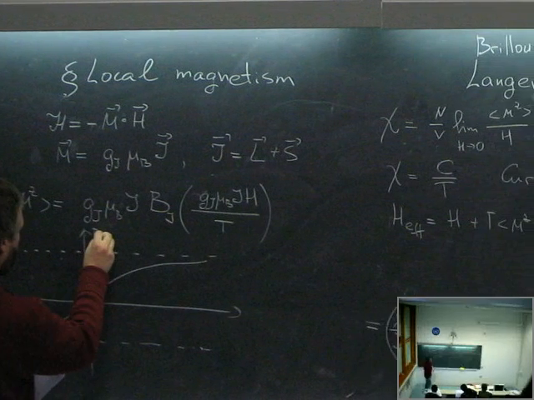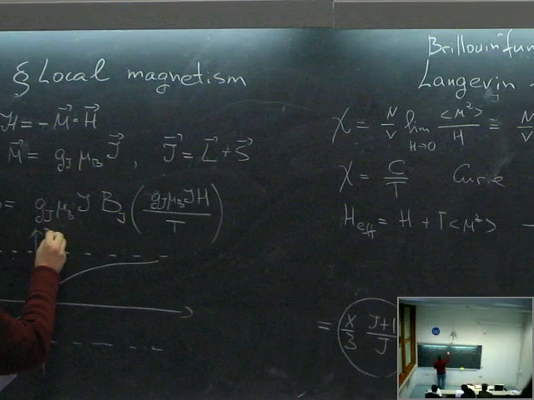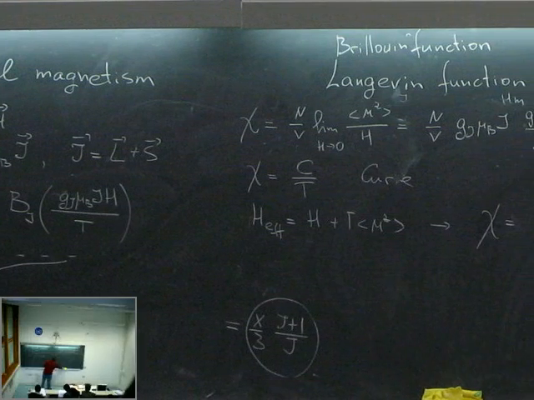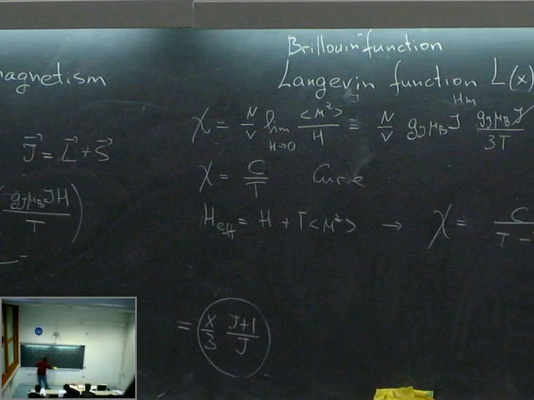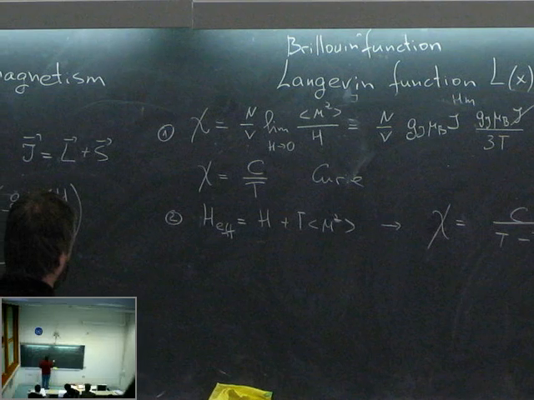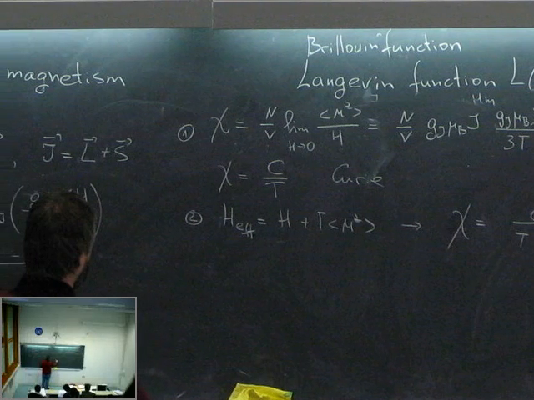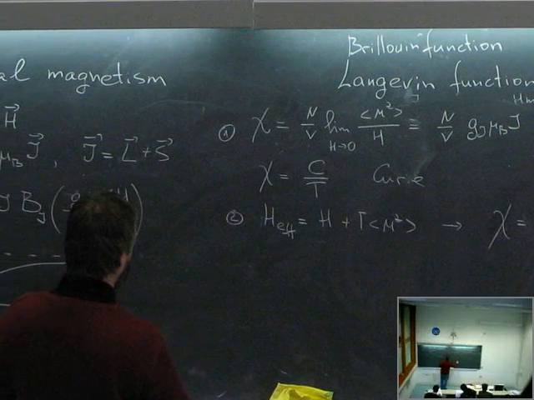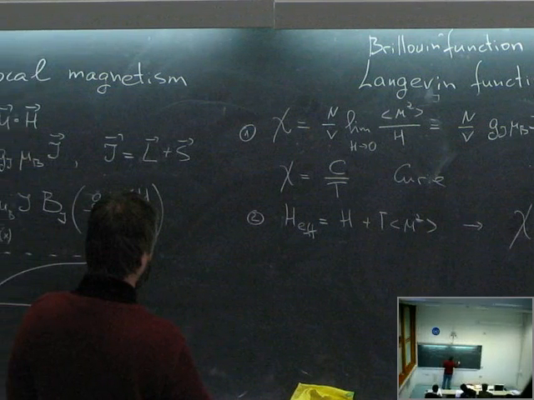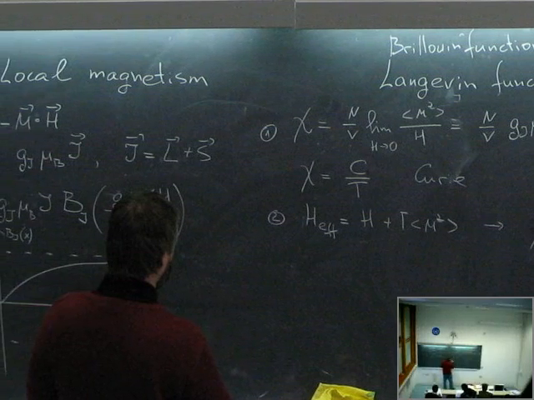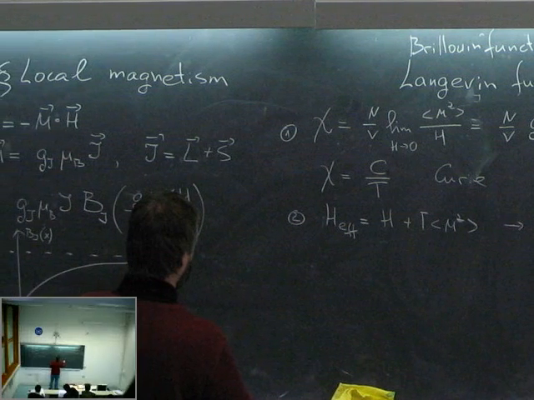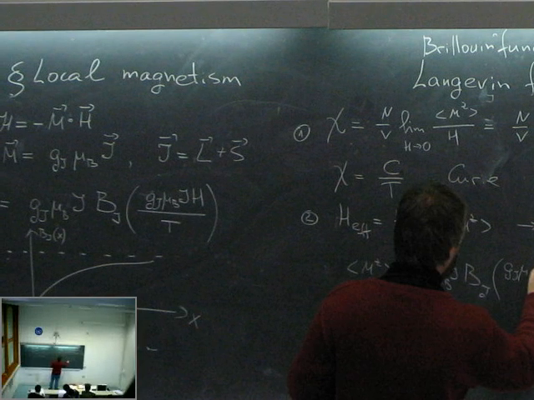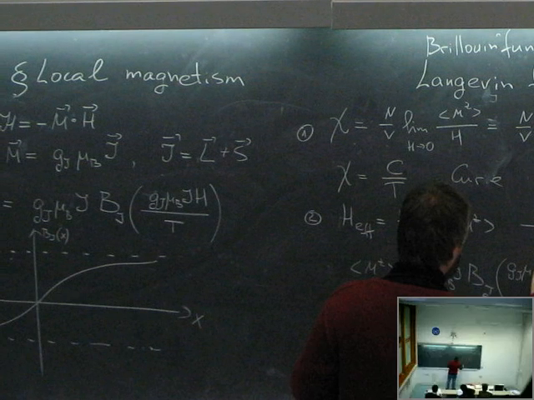And for the case of the molecular field, we arrive at the equation mz equal to g_J mu_B J B_J of g_J mu_B J (gamma mz) over temperature.